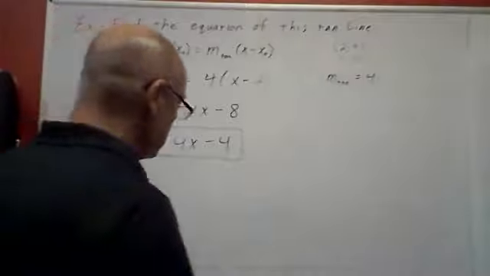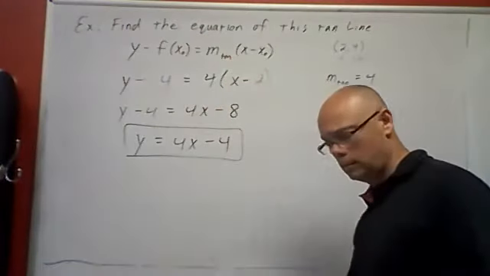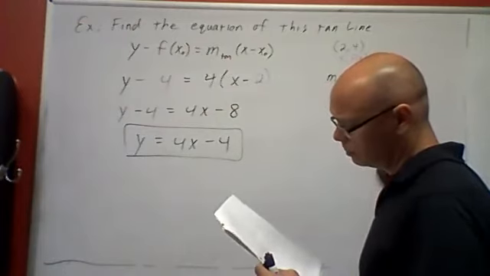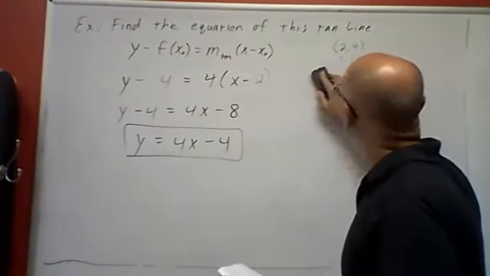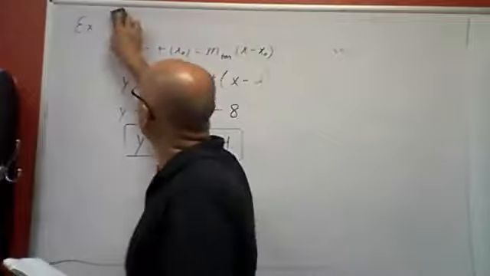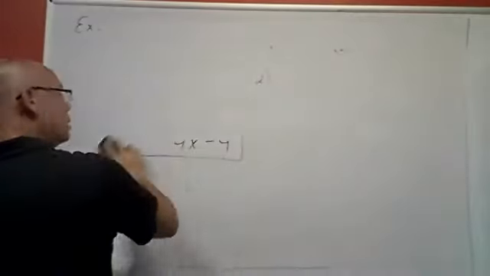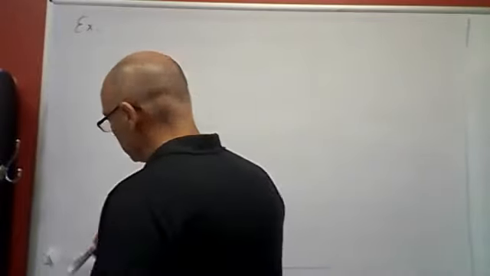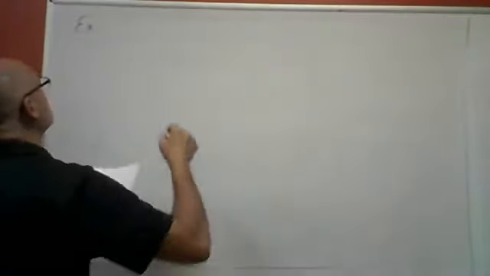How about our next example? Find the slope of the tangent line to the curve. Y is equal to, or let me go ahead and call it f of x this time just to change things up.